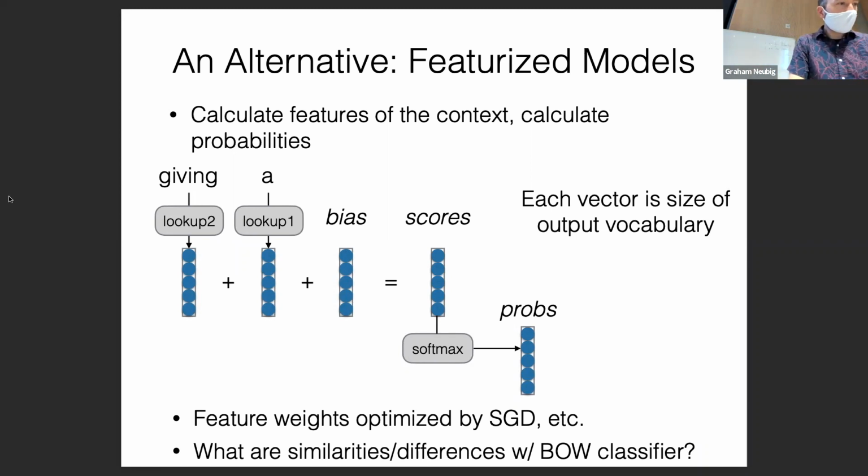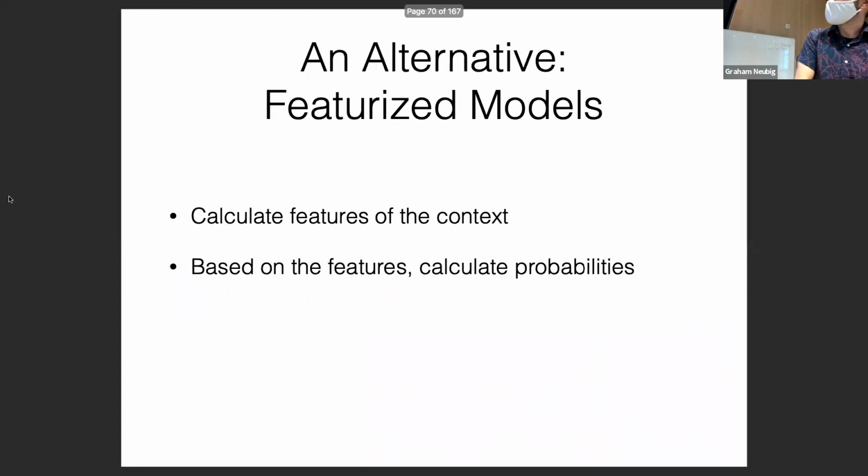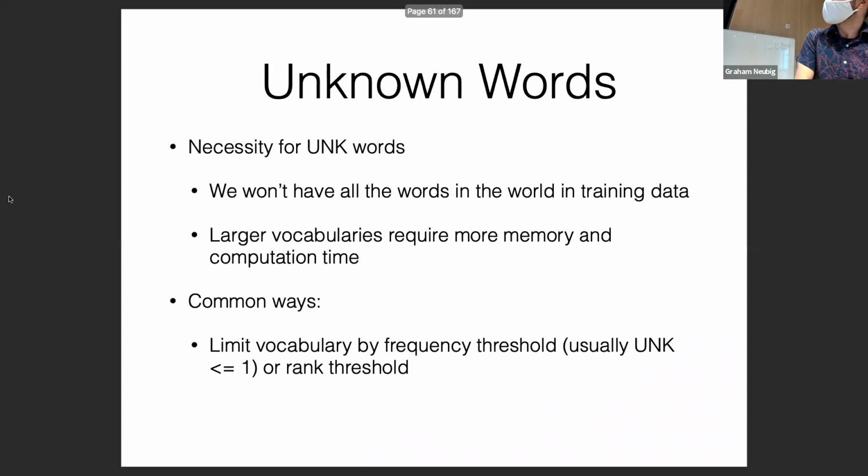I have a question. Why is it okay to compare subword models with character-based models, but not the other way around? Why is the comparison relationship not symmetric? So subword-based models and character-based models, that's a good question.